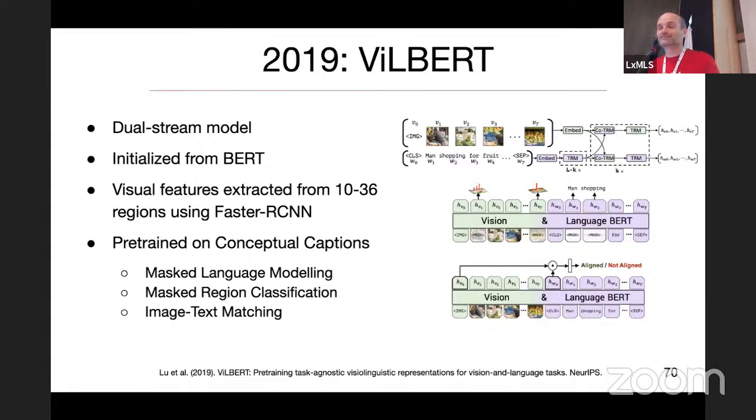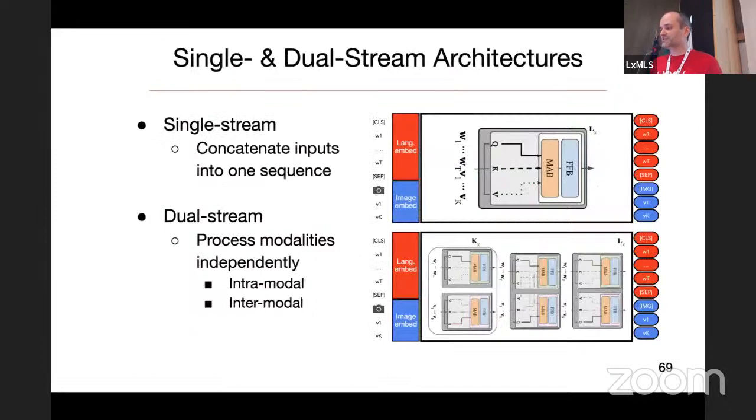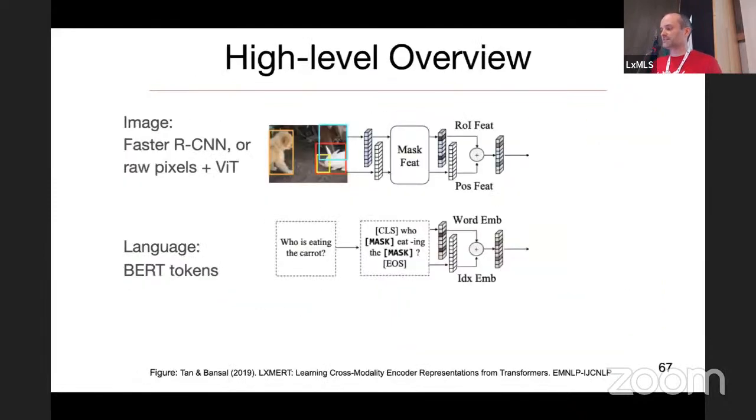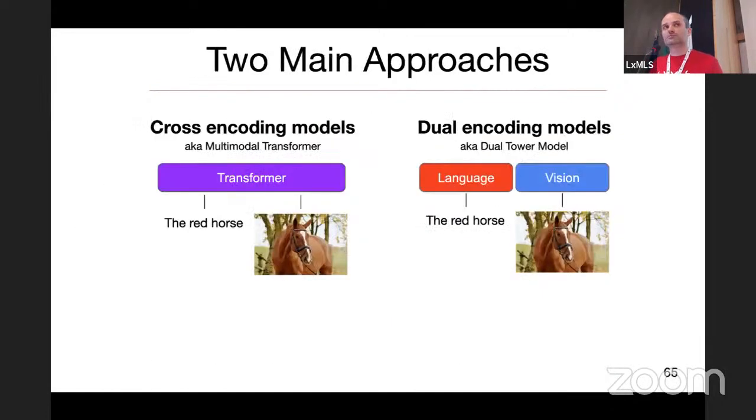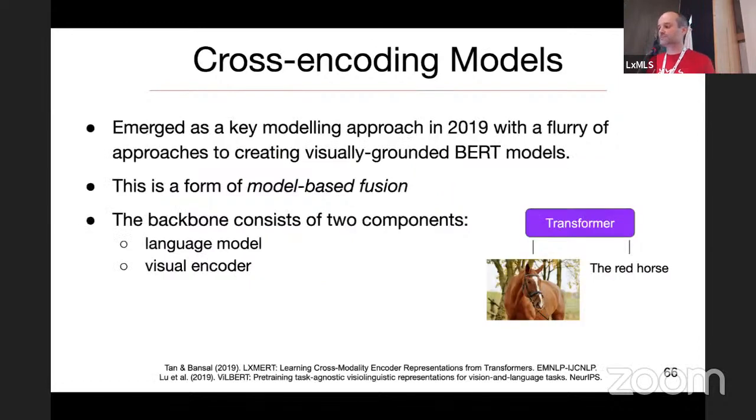Hello, welcome back. So we had just finished discussing this high-level overview of the 2 main approaches to building vision and language models using transformers. I started by explaining there were these 2 main approaches, cross-encoding and dual encoding models.